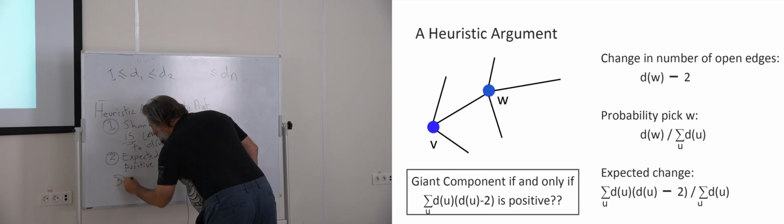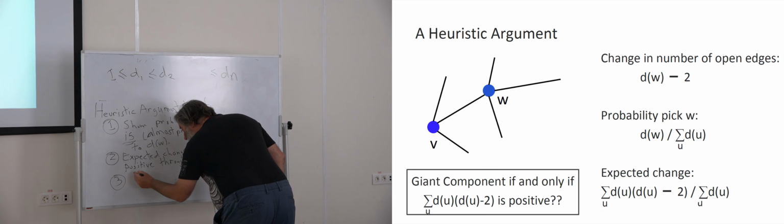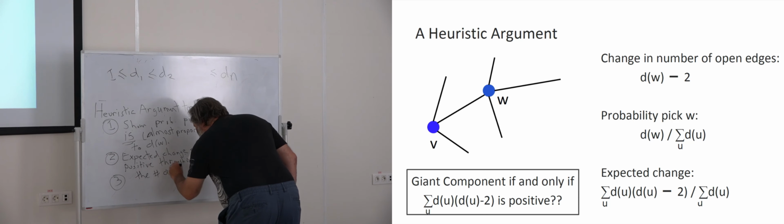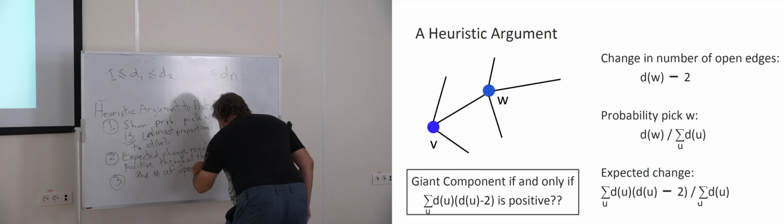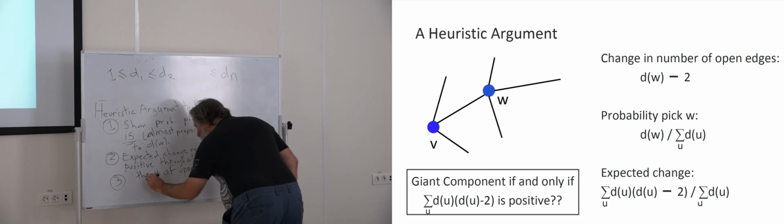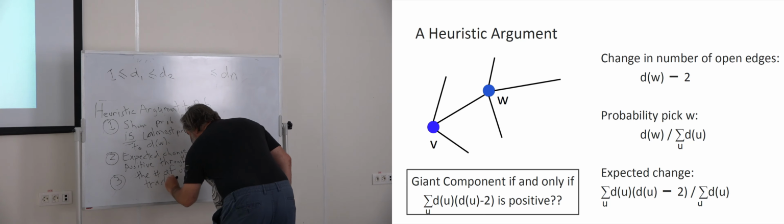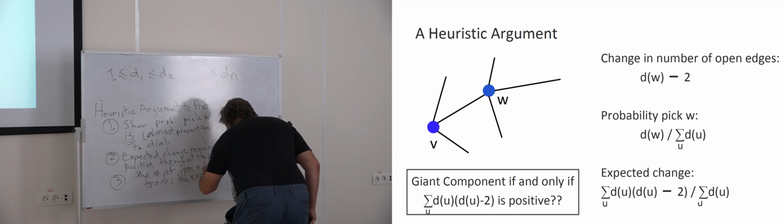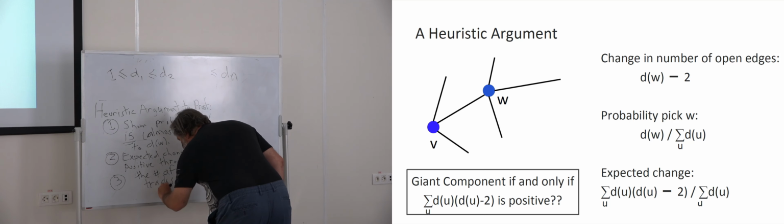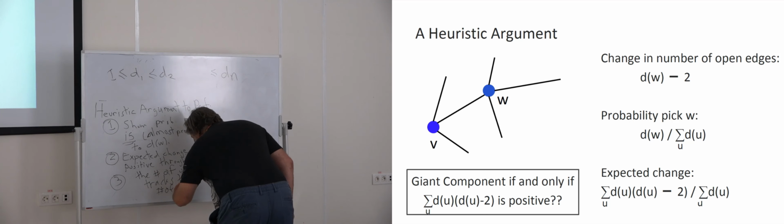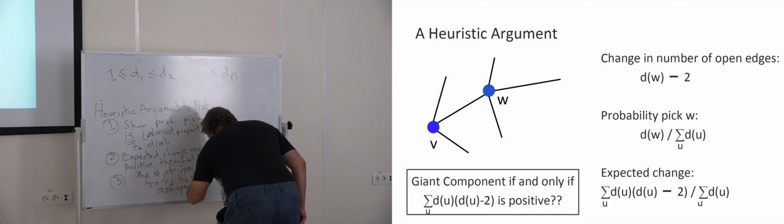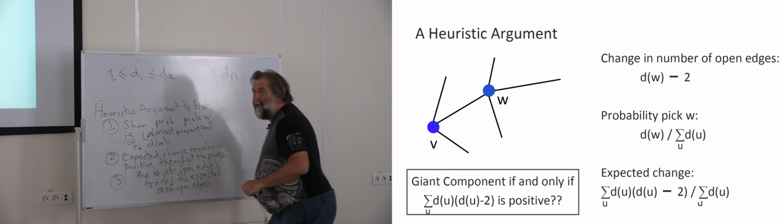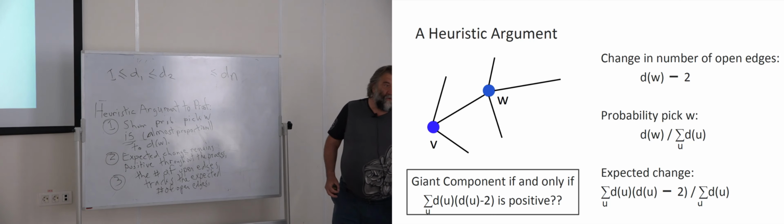And the third thing we need to show is that the number of open edges tracks the expected number of open edges. And if we can do those three things, we've got a proof.